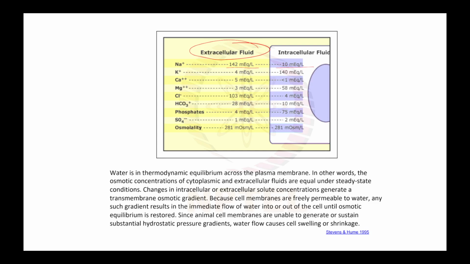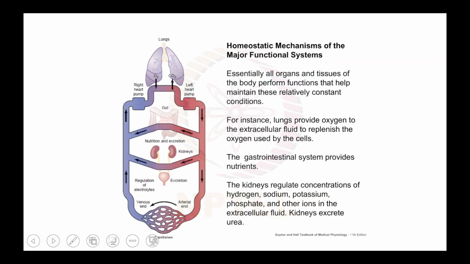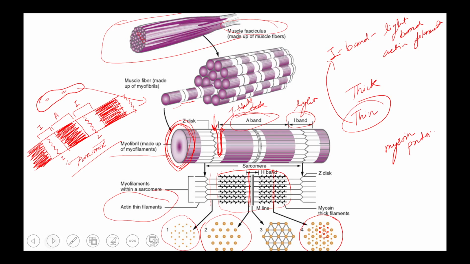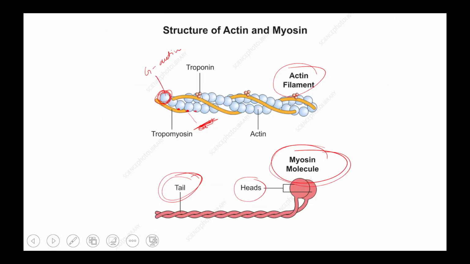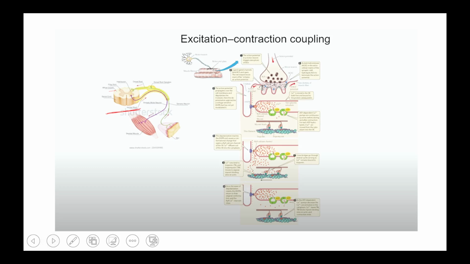Intracellular fluid has more potassium, and the extracellular fluid has 30 to 40 times less potassium concentration. Because of this difference, when the sodium potassium channel opens, there is movement of sodium ions from outside to inside, because the extracellular fluid has a higher concentration of sodium ions and the intracellular fluid has a lower concentration.